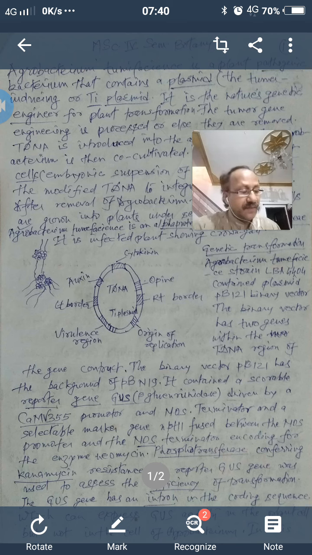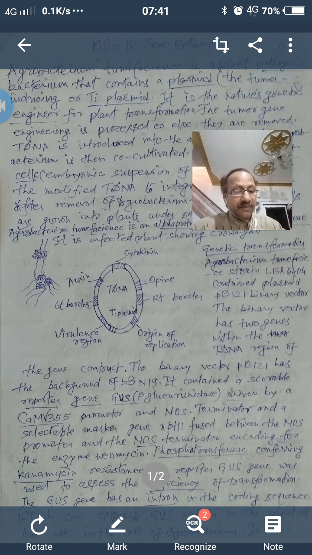The binary vector pBI121 has the background of pBI and 121. For example, discovery, application.